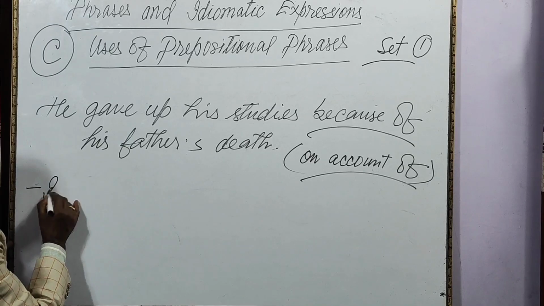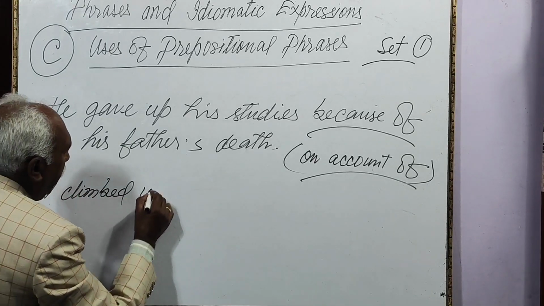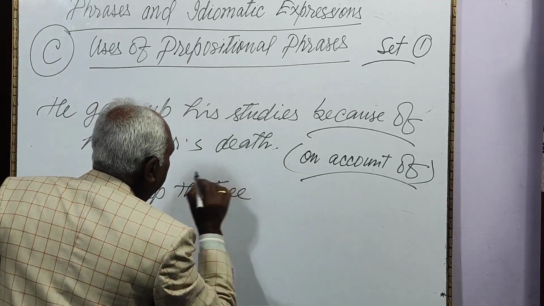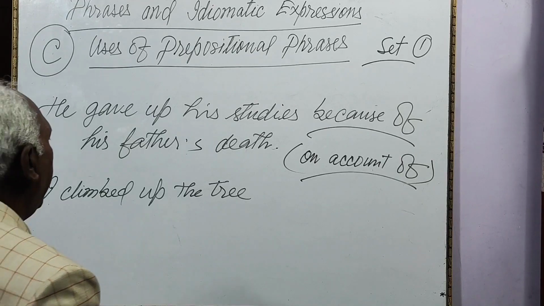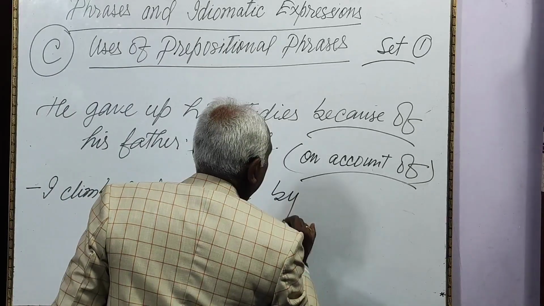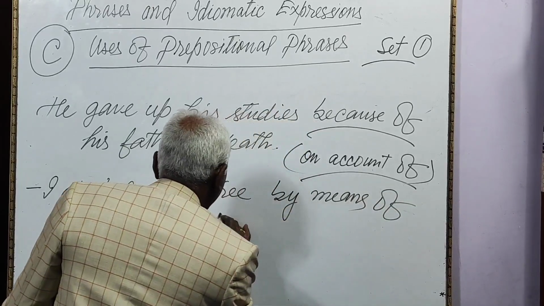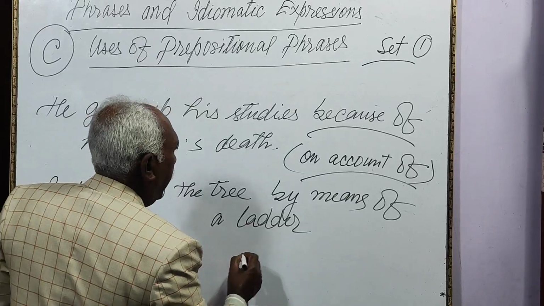I climbed up the tree. पेड़ पर मैं चढ़ गया. I climbed up the tree by means of a ladder. एक सीढ़ी के द्वारा.